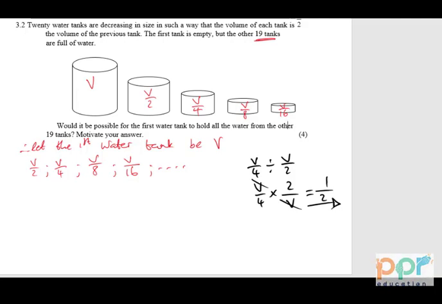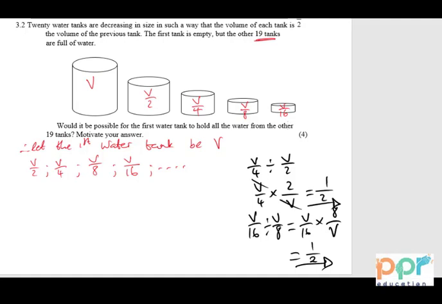Let's check another one: V over 16 divided by V over 8, so it would be V over 16 times 8 over V. Still the answer, 8 goes into 16 twice, half. So which means we've got a geometric sequence.